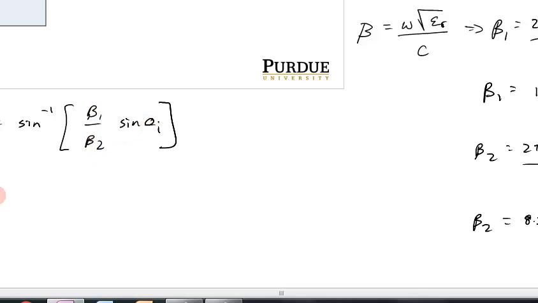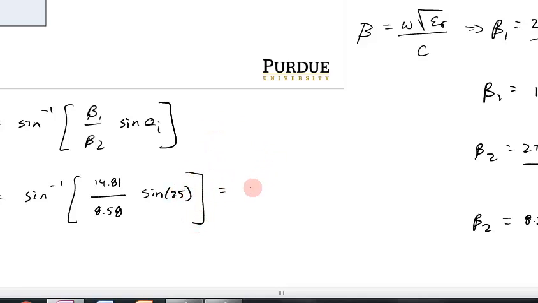I was given the angle of incidence, so that's sine inverse of beta 1, 14.81 radians per meter, divided by 8.58 radians per meter, times sine of 25 degrees. Make sure your calculator's in degree mode. We get an angle of transmission of 46.98 degrees.